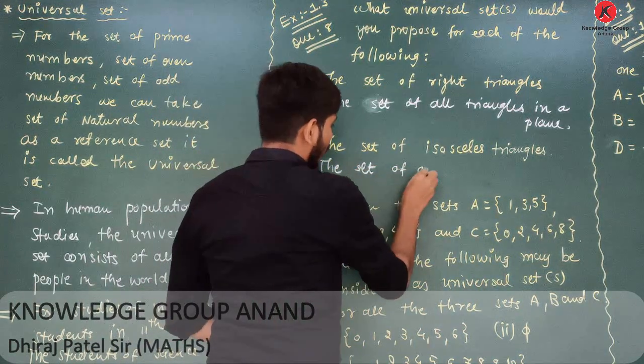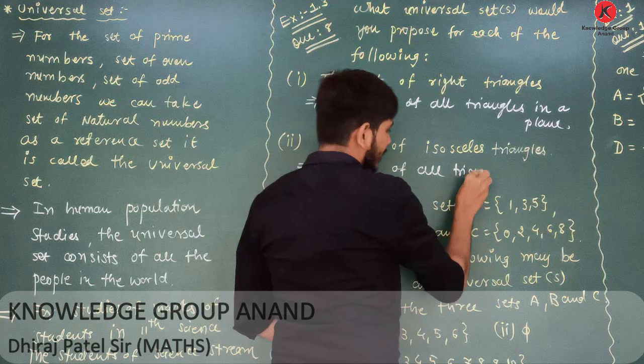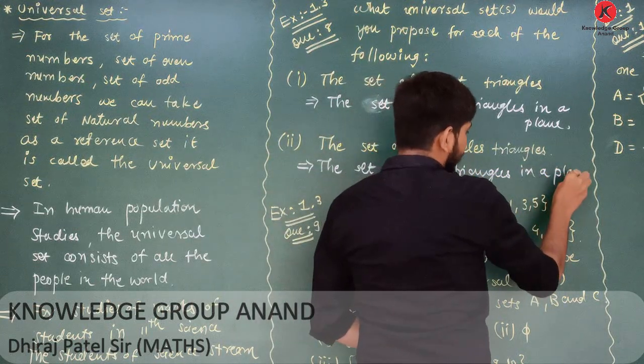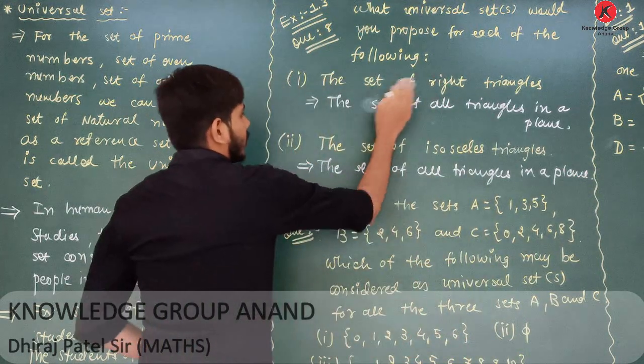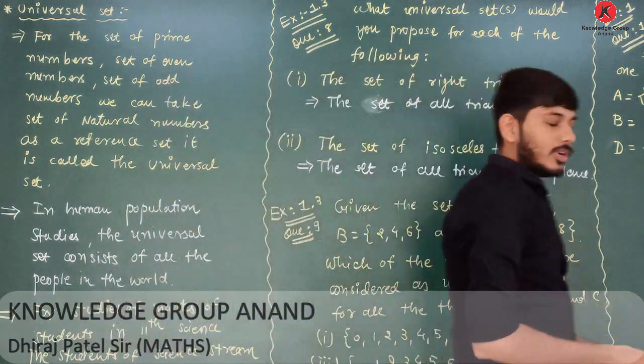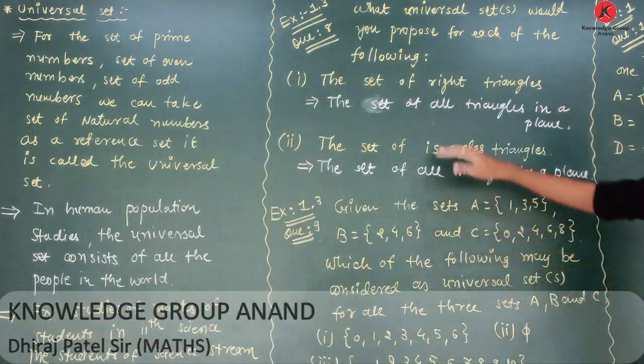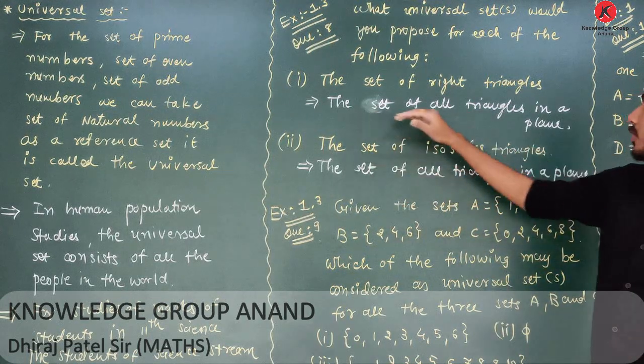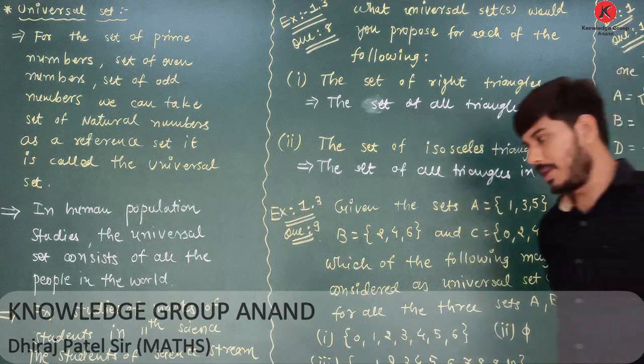Therefore, for the set of right triangles as well as the set of isosceles triangles, the universal set of both of them is the set of all triangles in a plane.